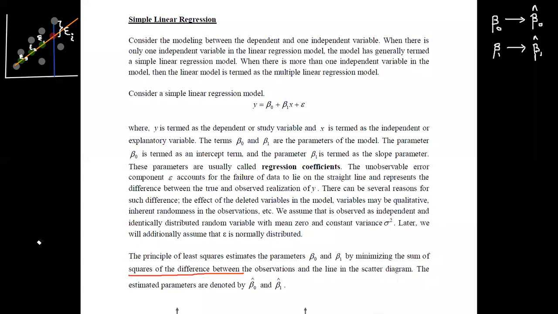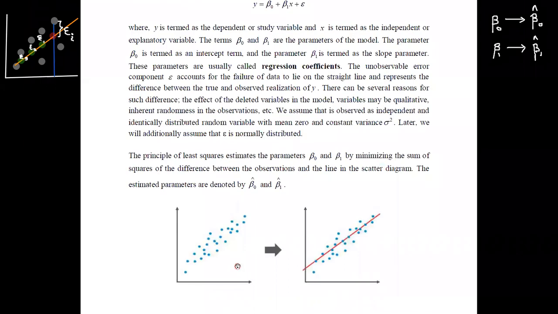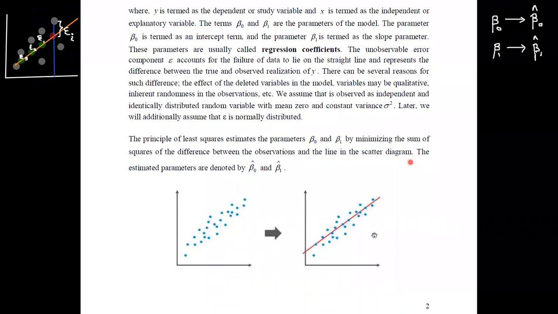Now we will look at these cases graphically also. If this is your data set, you can use a scatter diagram between these two variables, x and y. Now you can see the linear behavior of this data set, because in the scatter diagram it gives a sense of a linear model.